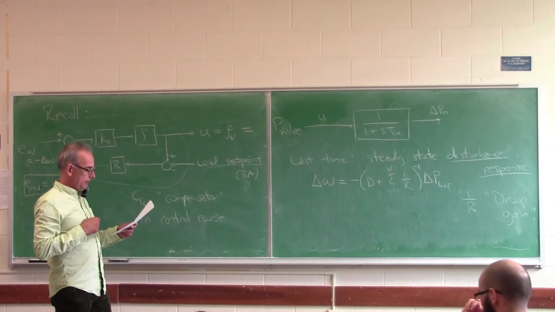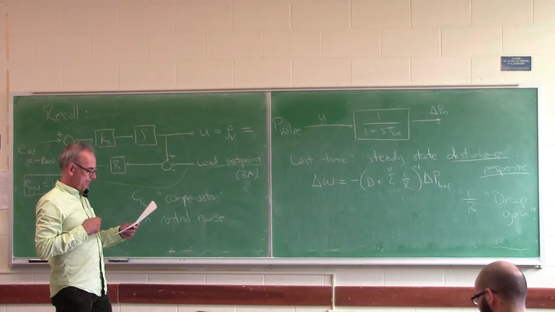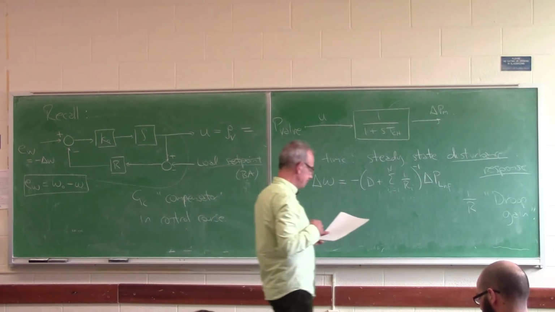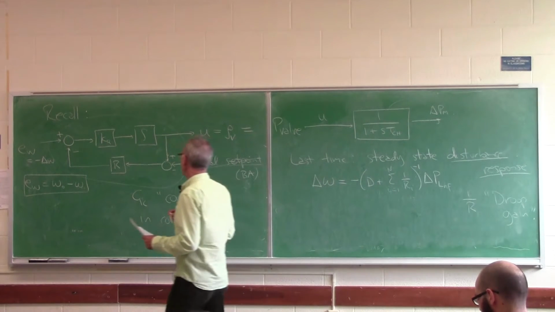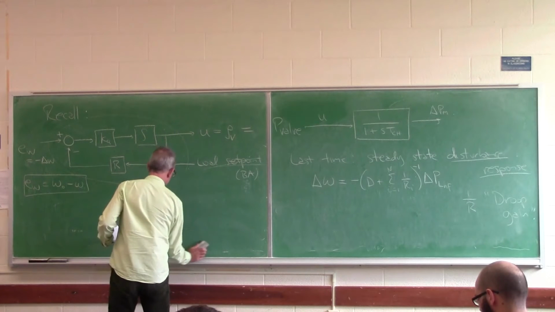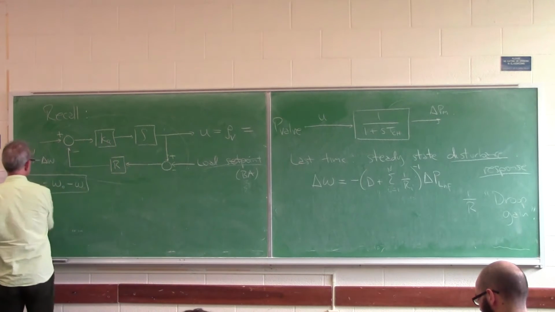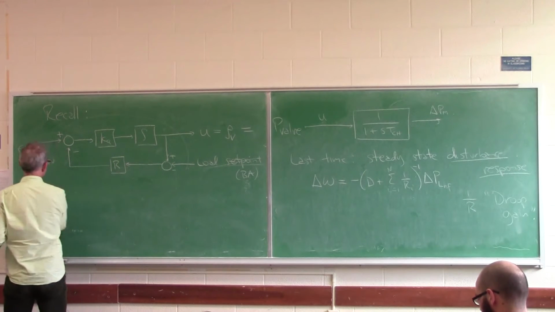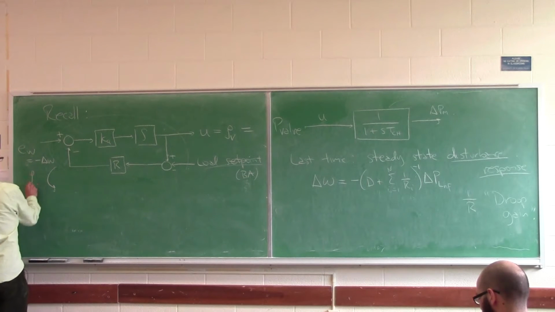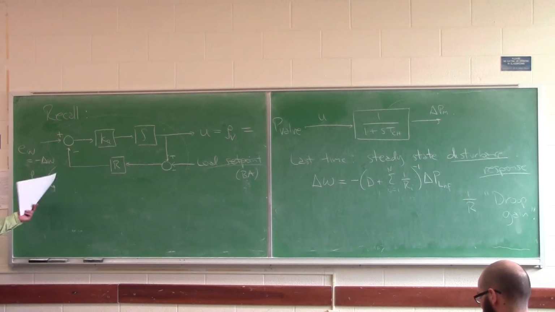Okay, so how do we tear this apart? So first of all, we have to go beyond steady state. And so we've got to take Laplace transforms. I made a joke that that's not a Lagrangian, it's a Laplace transform, but let's do it again.